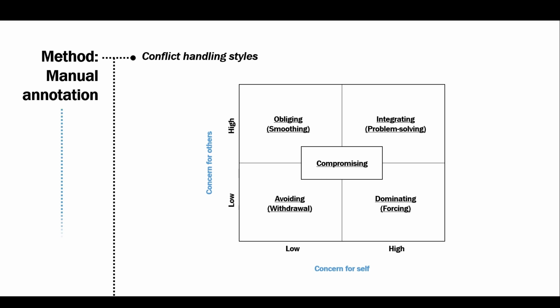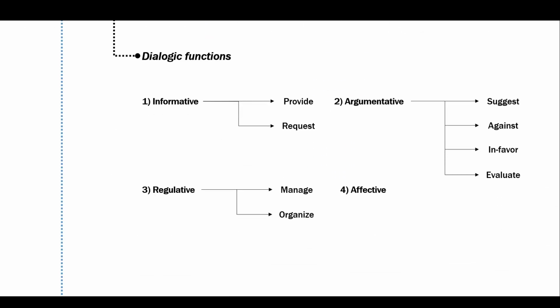If conflict handling styles are appropriate to assess overall conflict management behaviors for a comment during an online discussion, dialogic functions are appropriate to assess behaviors for each sentence. There are three categories, which are informative, argumentative, and regulative. Informative sentences either request or provide information.